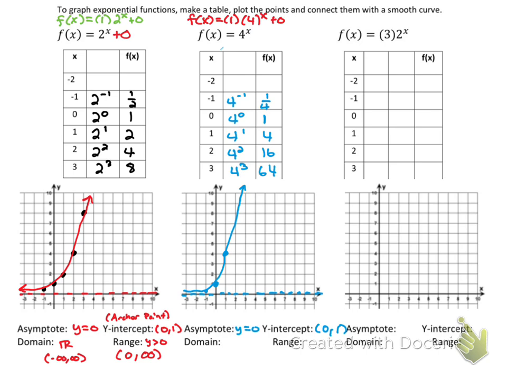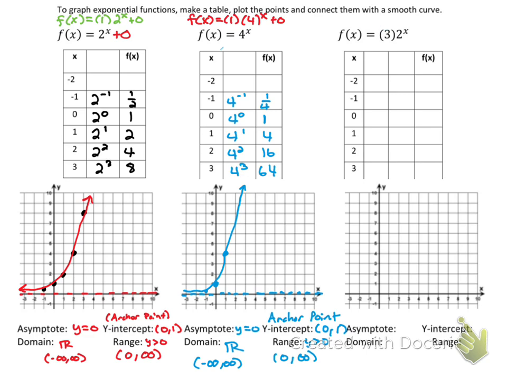Domain, what would that domain be? All real numbers, every x value, right? It's covering every x value. All right, and then what would our range be? Right, all y values greater than 0. 0 to infinity. Good.